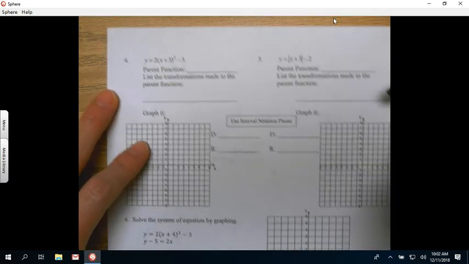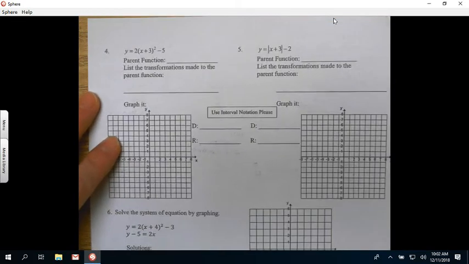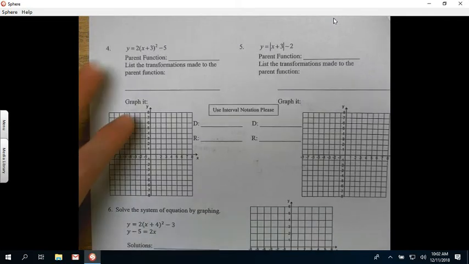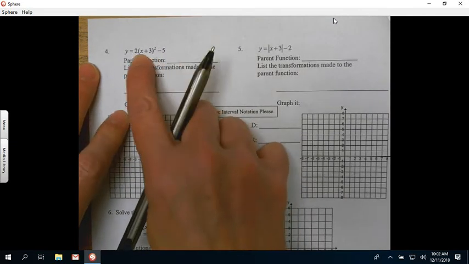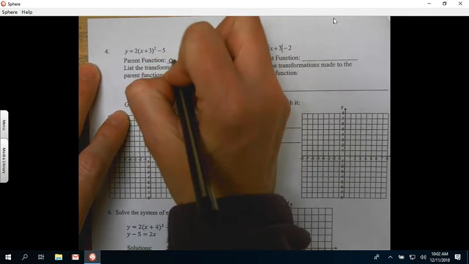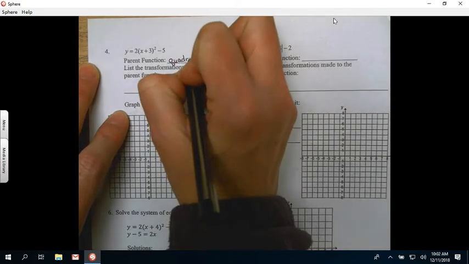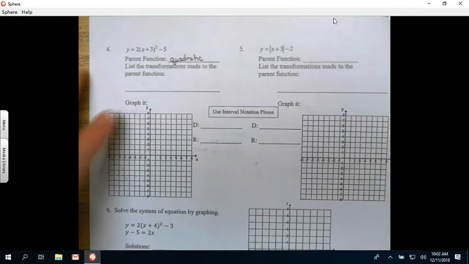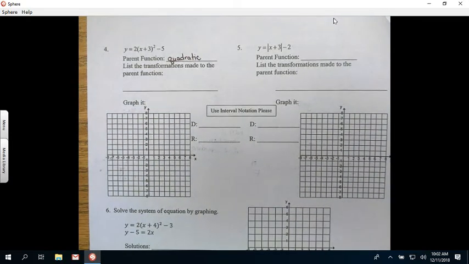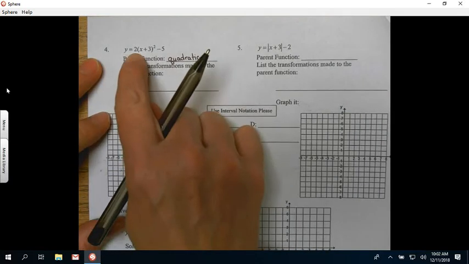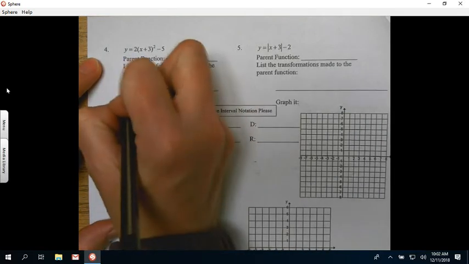All right, number 4 and 5, we are looking at what parent function these go with. On number 4, this is a quadratic. We want to now look at what transformations are being made to that parent function of the quadratic. This 2 in front is a stretch.